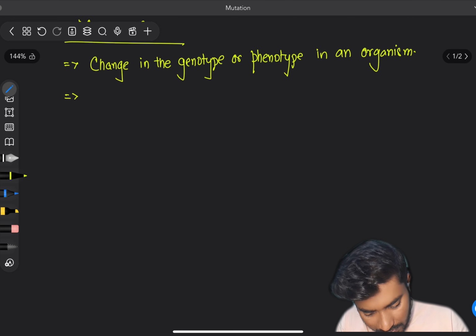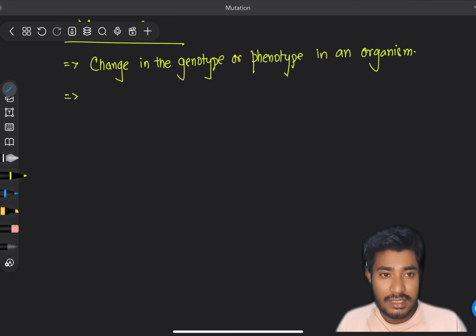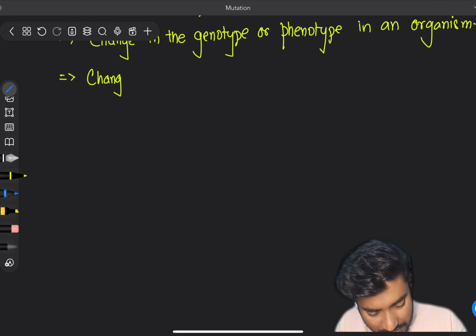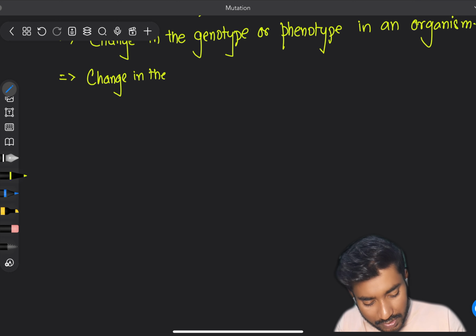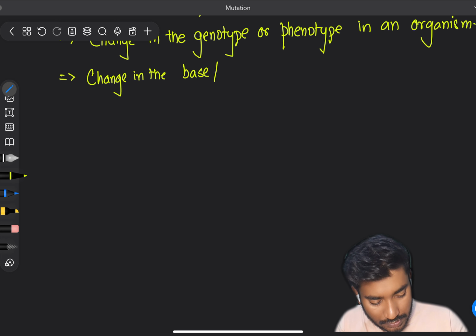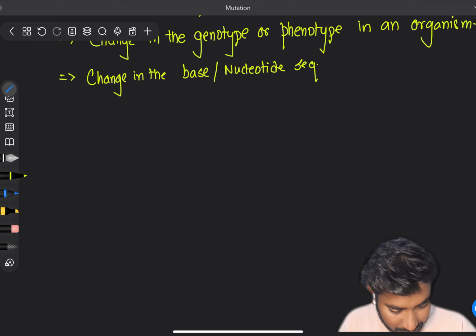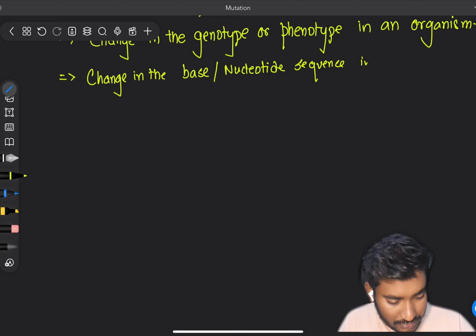Now, there can be a change in the base or nucleotide sequence in DNA.